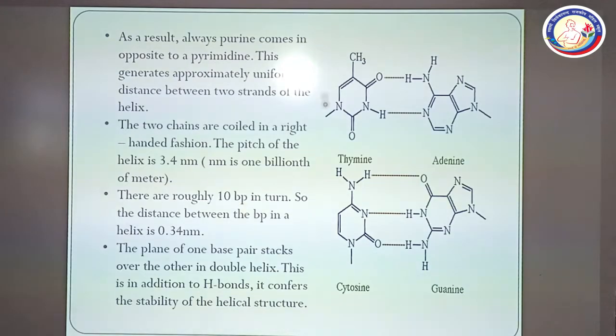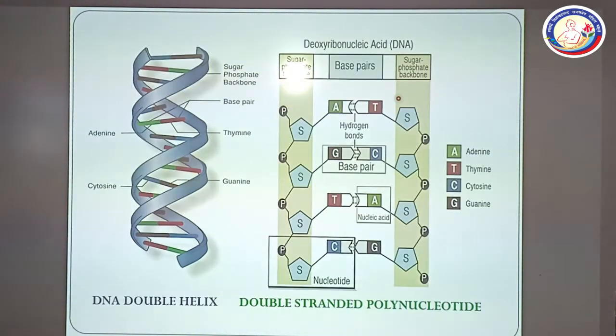A very beautiful figure is given here. These dotted structures are showing the bonding. Here two figures are given. The first is the DNA double helix. It is showing cytosine bonded to guanine and adenine bonded to thymine, and the pair of adenine and thymine, and cytosine and guanine, is called a base pair.